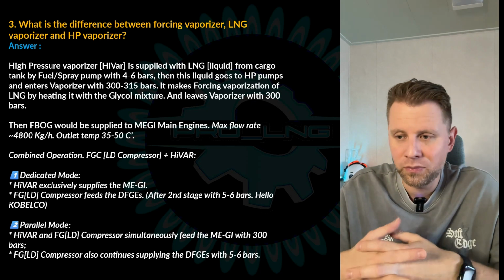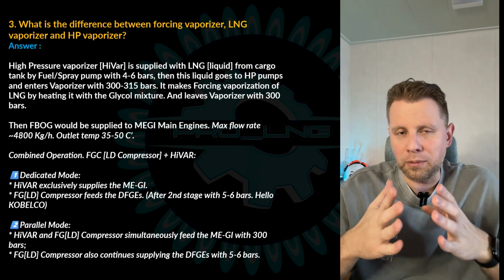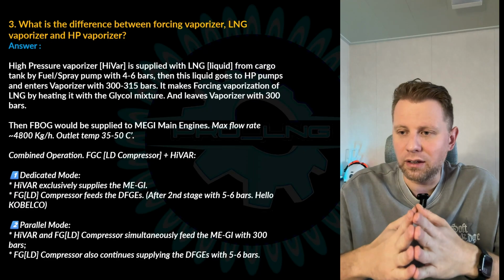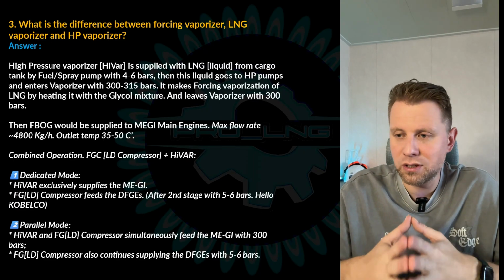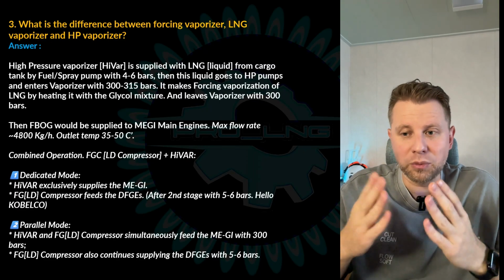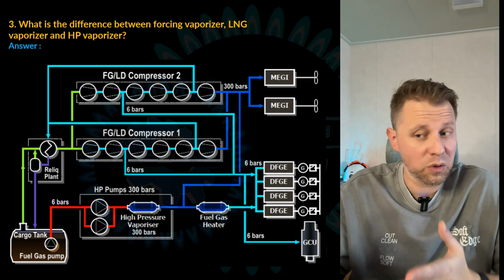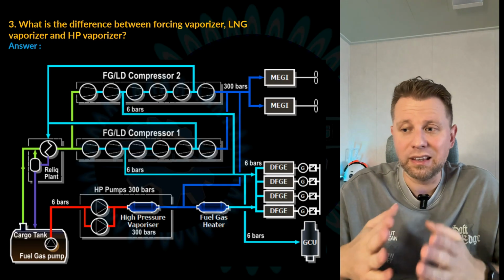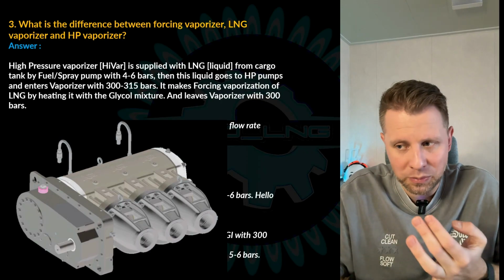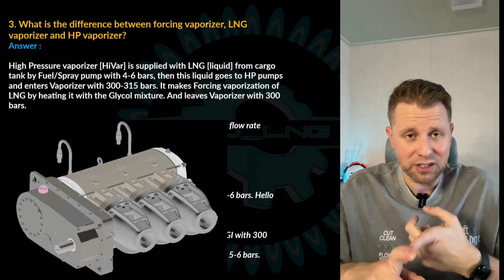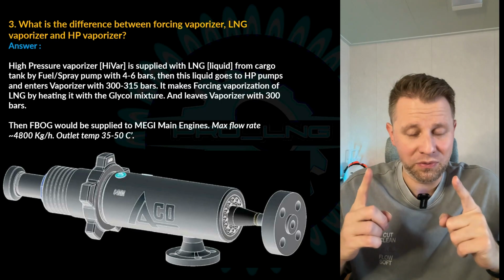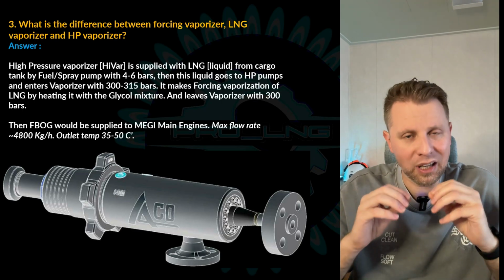High VAR, as they call it. You will meet those on MAGI vessels, vessels with MAGI engines, supplied with LNG liquid from the cargo tank by fuel spray pump, the same way, at 4 to 6 bars. Then this liquid goes to high pressure pumps and enters vaporizers at 300, 315 bars, sometimes even more.